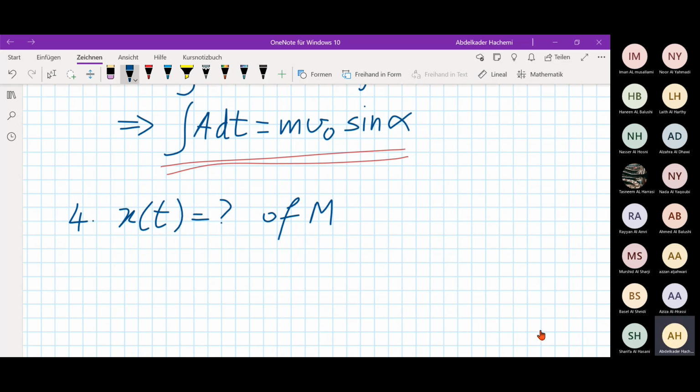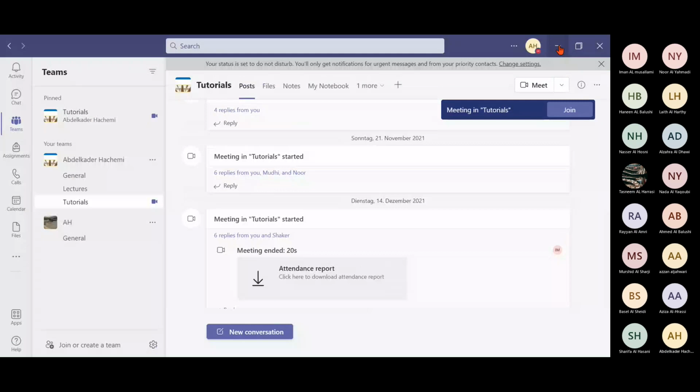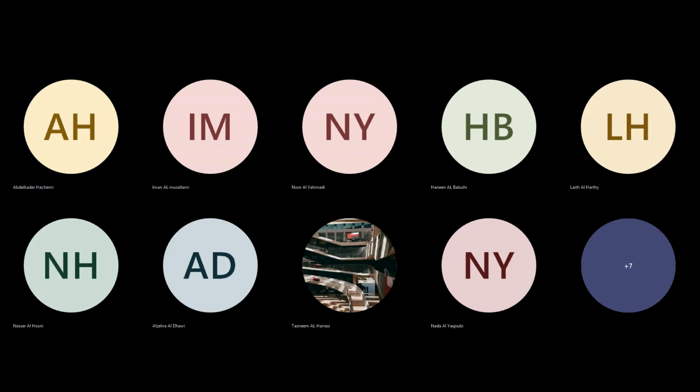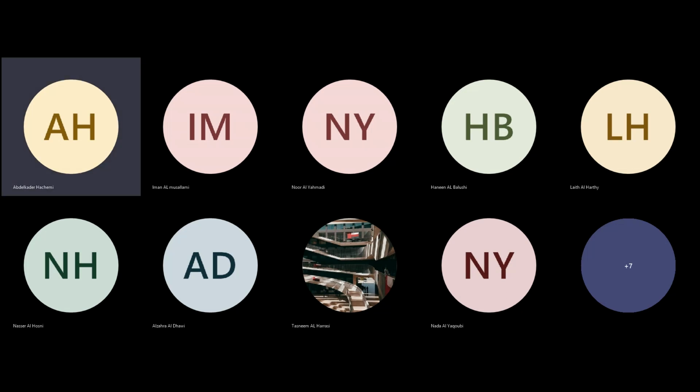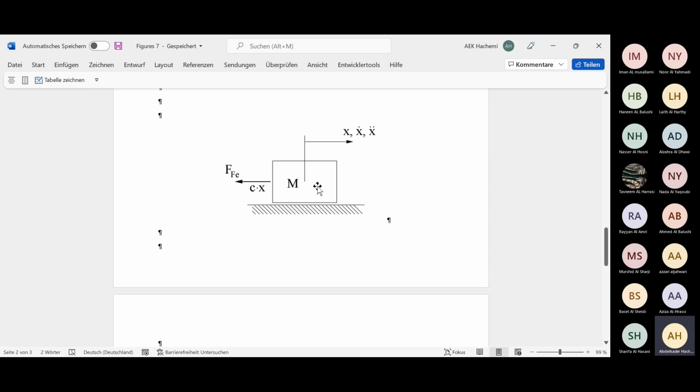If we apply Newton's law, or we can also apply the D'Alembert principle, we have our aperture with a mass, capital letter M. It will move with position x, velocity x dot, and acceleration x dot dot.